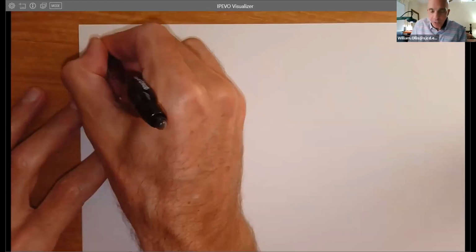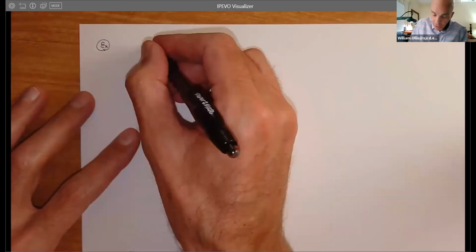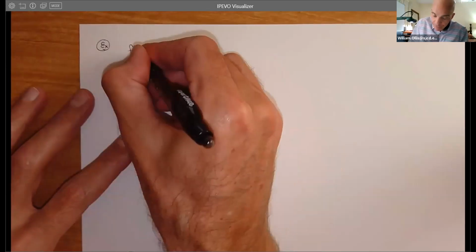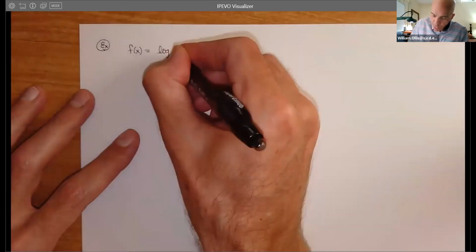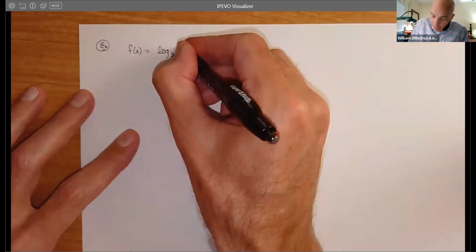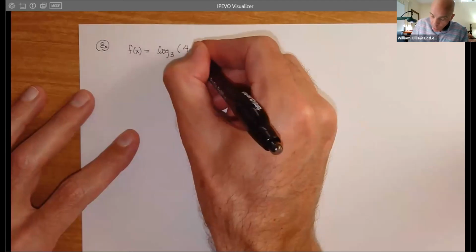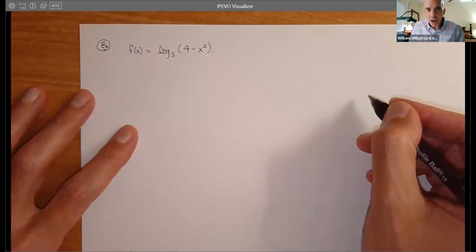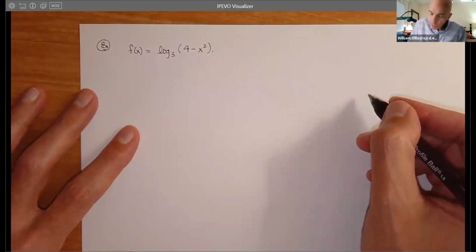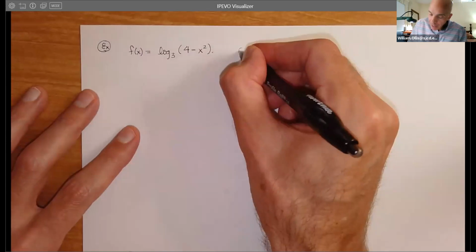This is like doing the square root function domain. So we'll say f of x equals, say, the base, I don't know, base 3 logarithm of 4 minus x squared. That's our logarithmic function base 3. And we'll say domain of f is what?